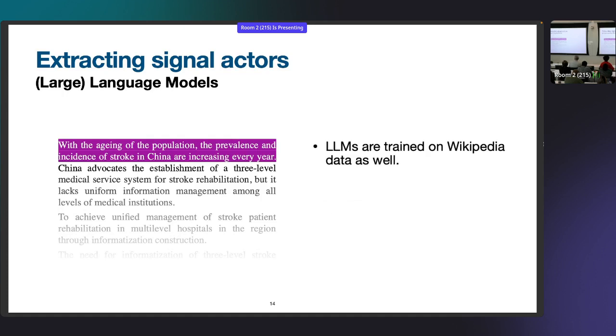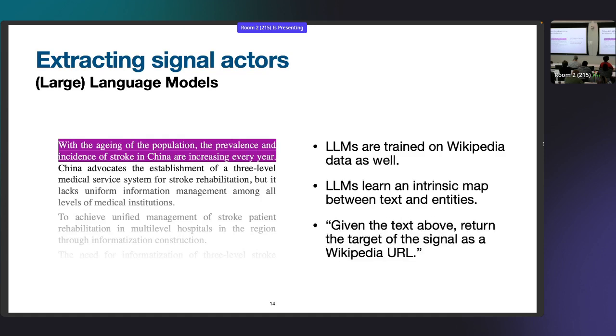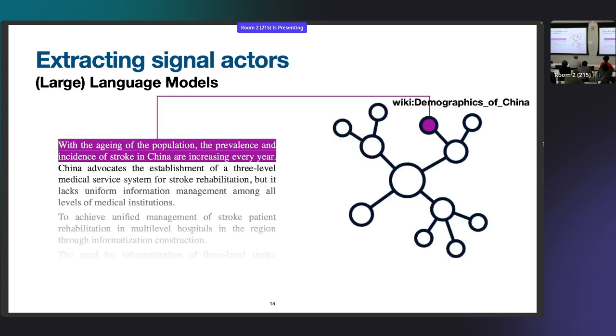And here we employ large language models that have been trained on Wikipedia data as well, and they learn an intrinsic map between text and entities. The actual prompt that we submit to the language model is: given the text above, return the target of the signal as a Wikipedia URL. So what the language model will actually perform is the extraction of the actual entity that the signal refers to.